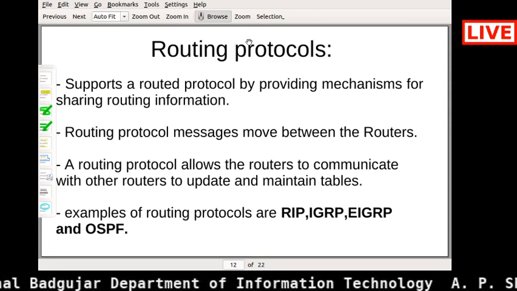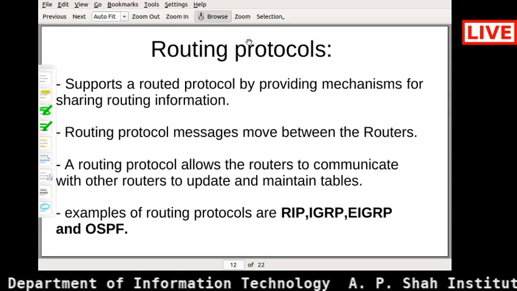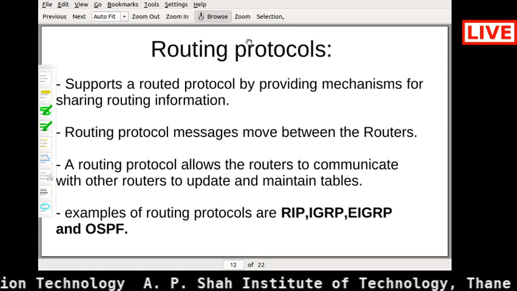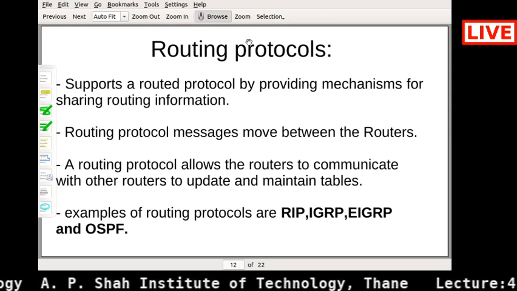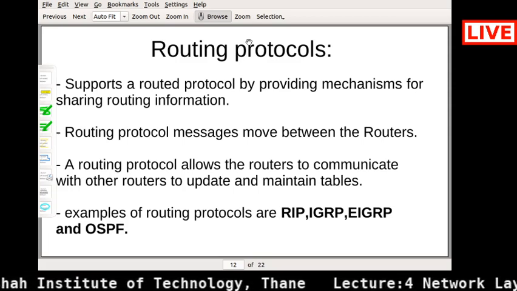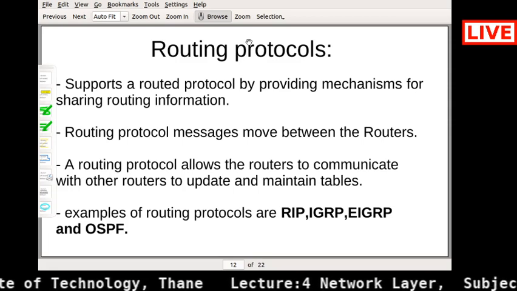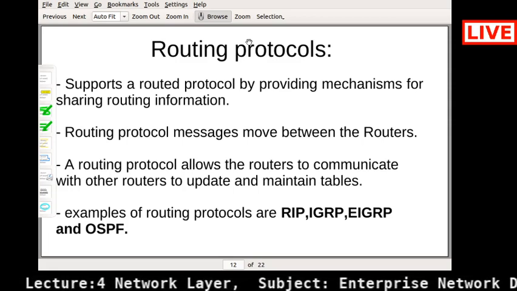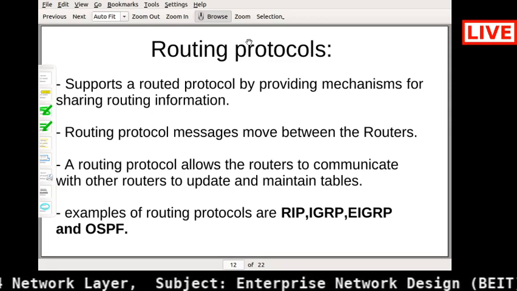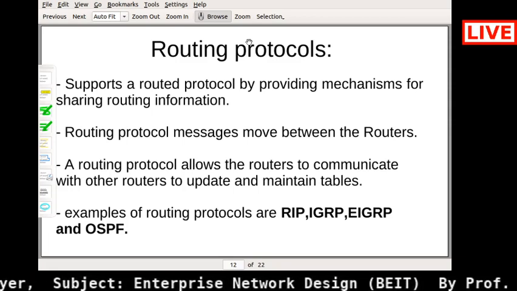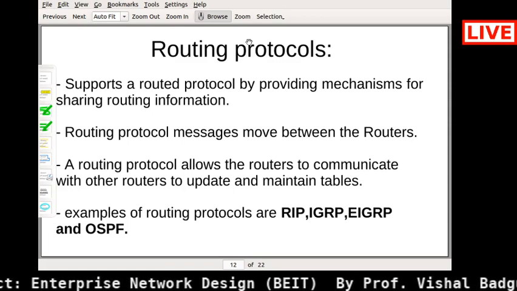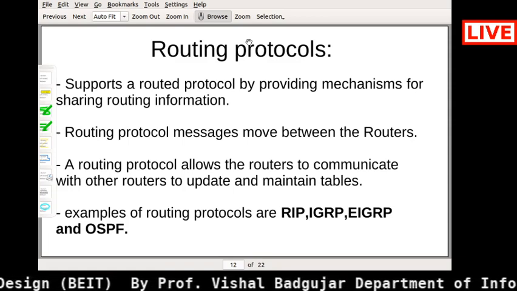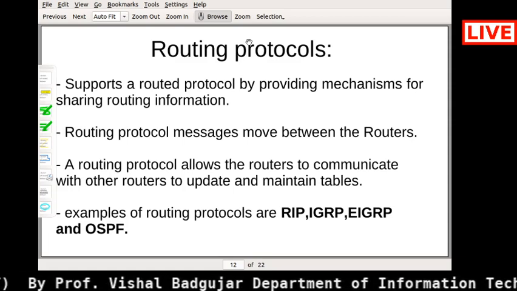Routing protocols send packets from one router to another and forward routing information. They update and maintain the routing tables, and whatever packet you send from one network to another can update the routing table information as well. These are the routing protocol functionalities.